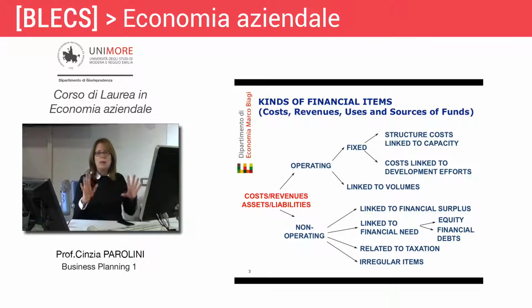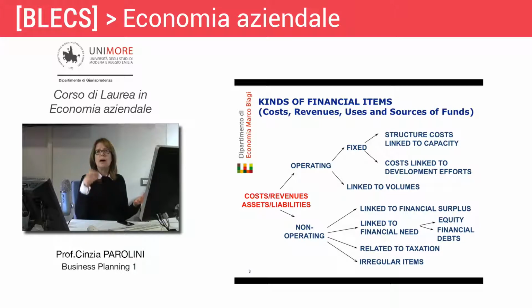Okay. We have presented the main picture, and now what we are going to do is to deepen the first group of items, operating items, because those are the most important ones when we build a financial forecast. Operating items can be divided into two main groups. Some items are linked to volumes. For example, revenues are linked to volumes.